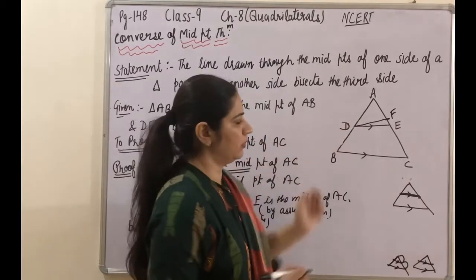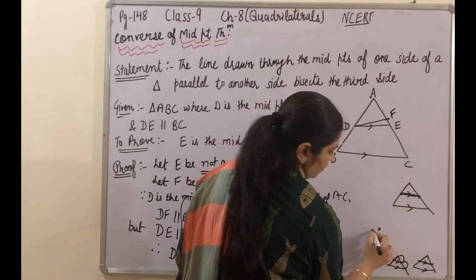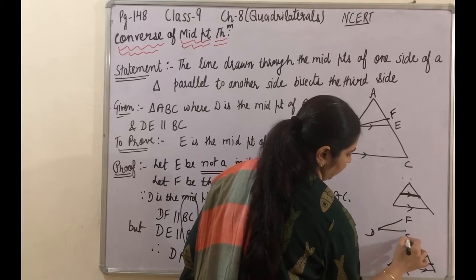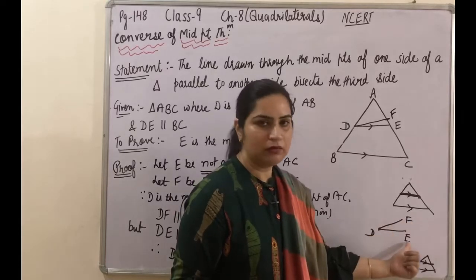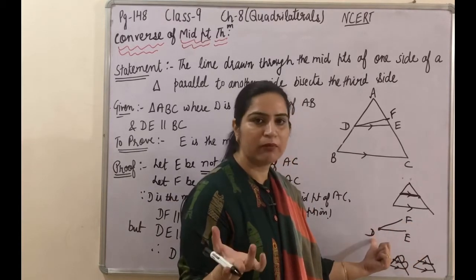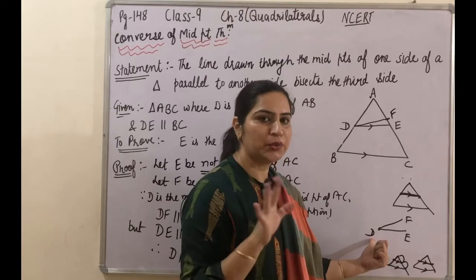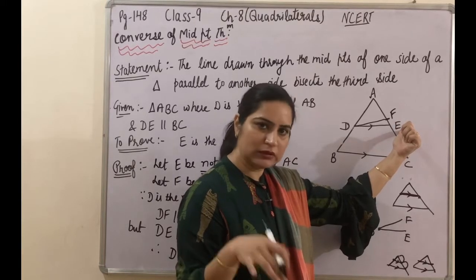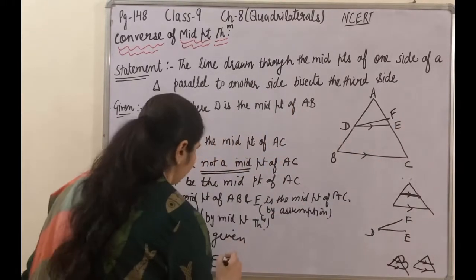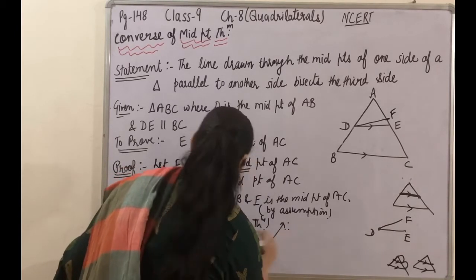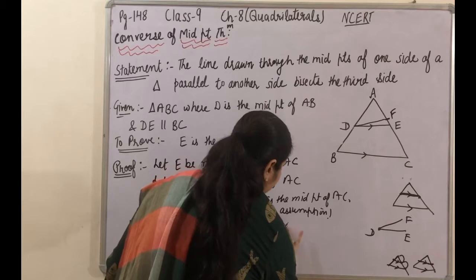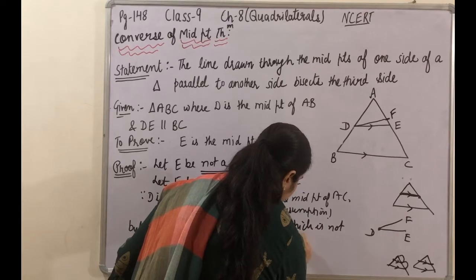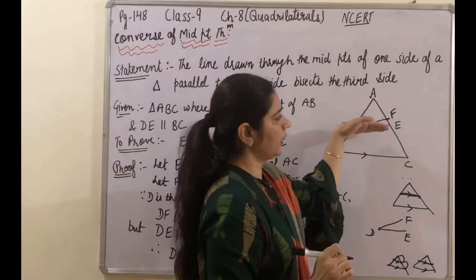Is it possible? Here I have taken one point D, one line will be DF and another line will be DE. Is it possible that these lines would be parallel? It's not possible because D is the common point. So this is a contradiction to our assumption that F is not a midpoint. Therefore these two lines can never be parallel.